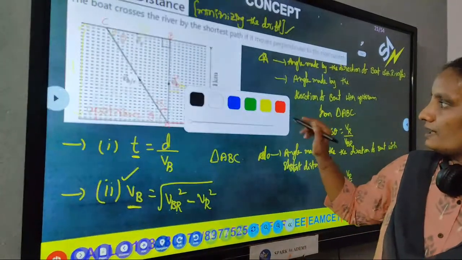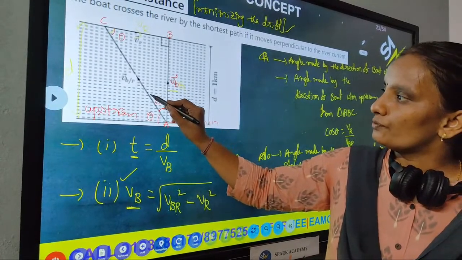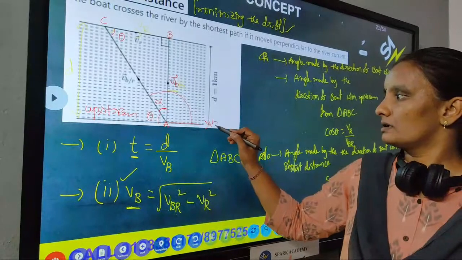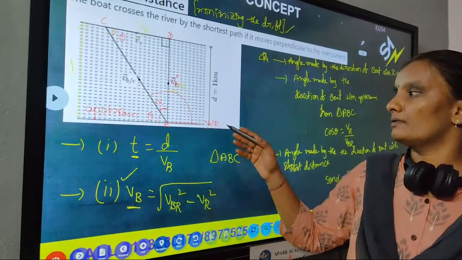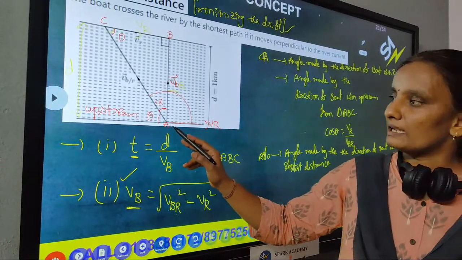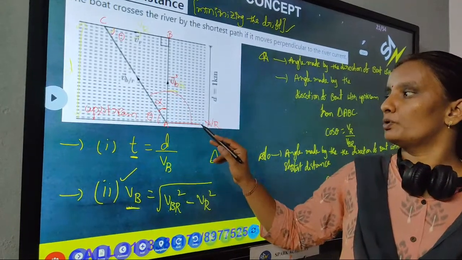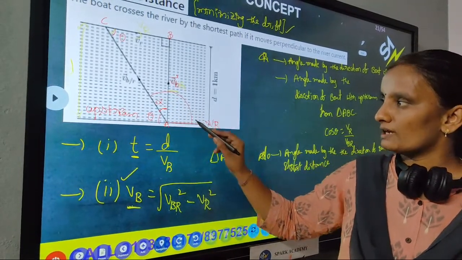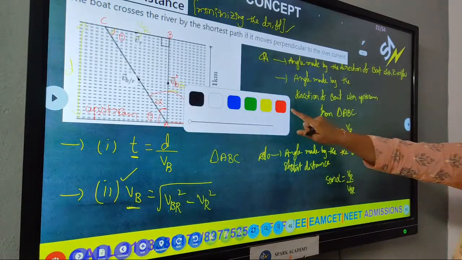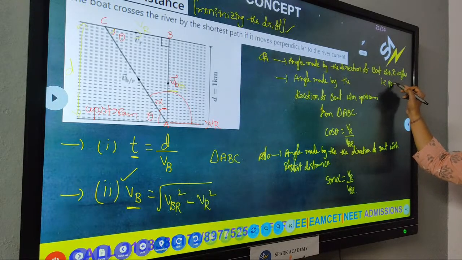So we need to find the angle between the direction of boat and river flow. Actually, from the starting case we consider river flow in this direction, but he is aiming opposite to that, which is upstream. So with the direction of boat to river flow, this total angle we have to find, that is 90 plus alpha.